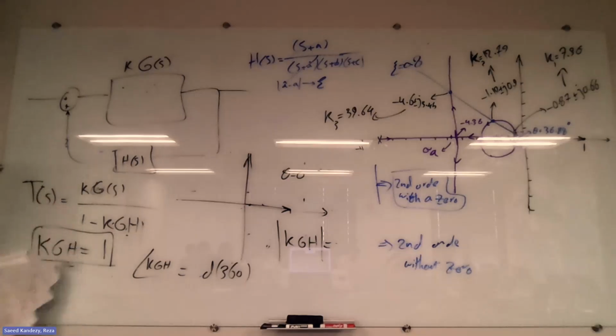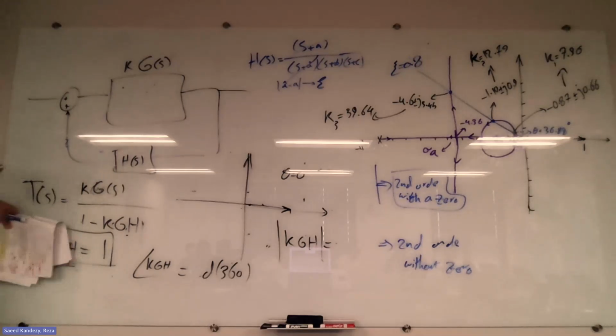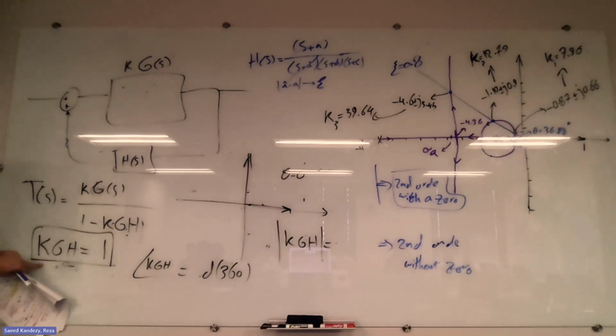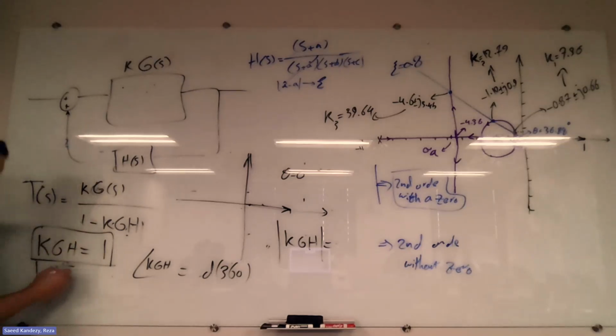What is the amplitude of the left-hand side? This is an equation, so both sides are equal. Based on this equation, what would be the value of the amplitude of KGH? Look at this formula.